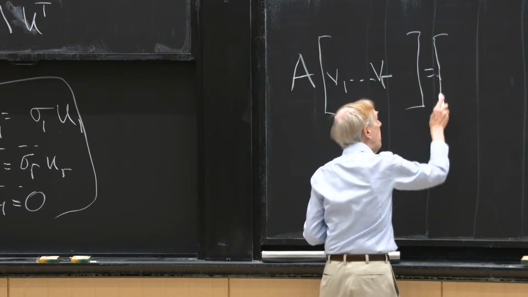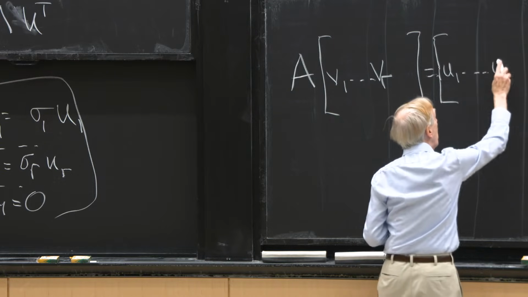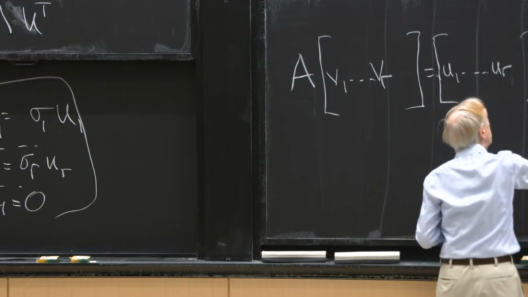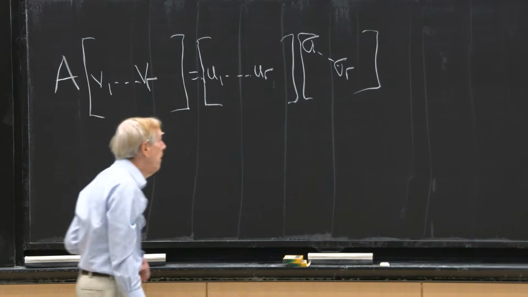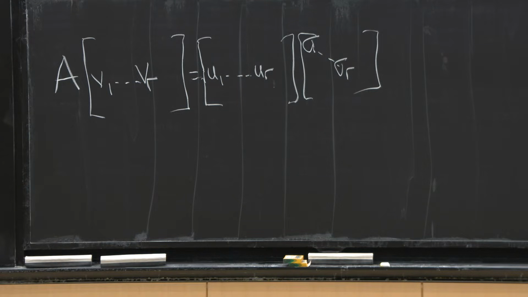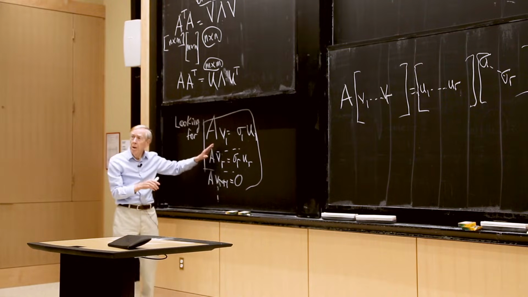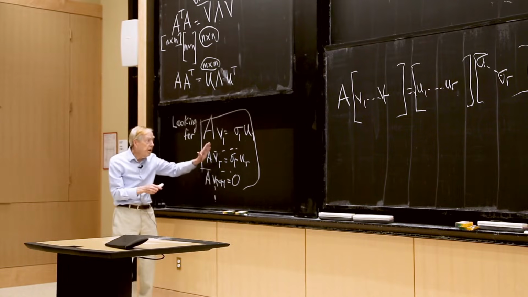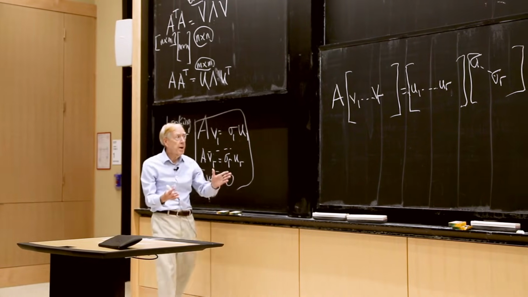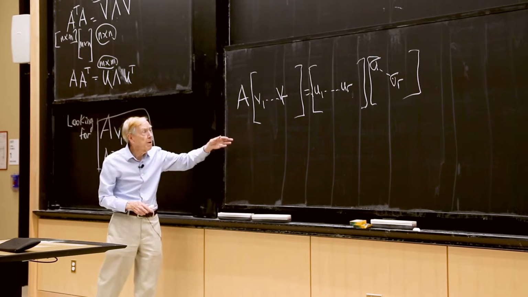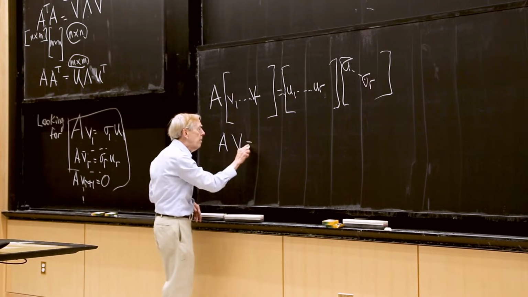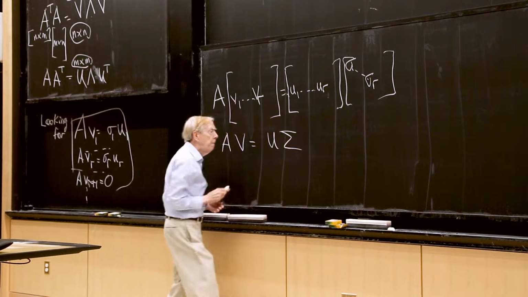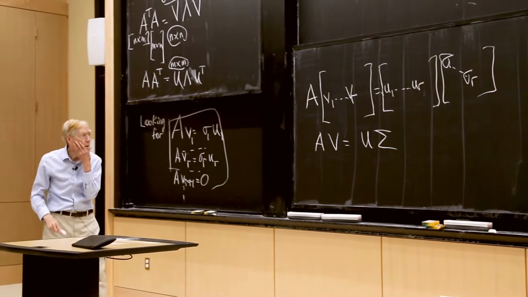So this is what I'm after: U1 up to UR multiplied by sigma 1 along to sigma R. What I'm doing now is converting these individual singular vectors, each V going into a U, into putting them all together into a matrix. And of course, what I've written here is AV equals U sigma. That's what that amounts to.